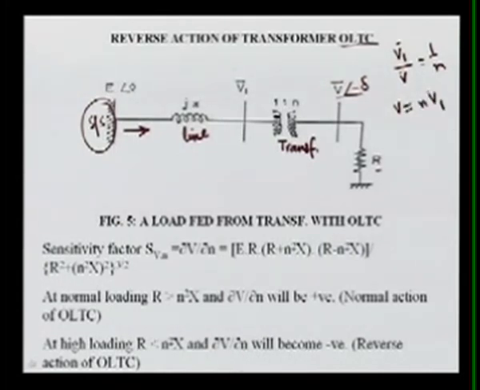Now we can represent the complete system. If we ignore the ideal transformer on this side, we can write here this is your line reactance, this is your R, this is voltage V, and this voltage will be transformed, and here we get jX upon n square. So this voltage V1 can be written as V upon n.